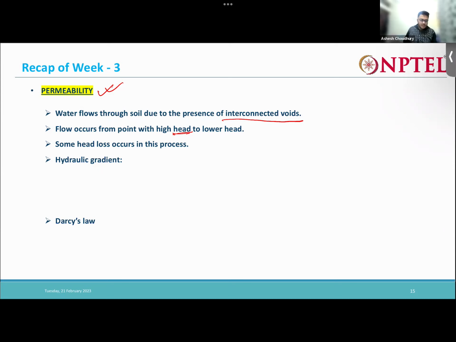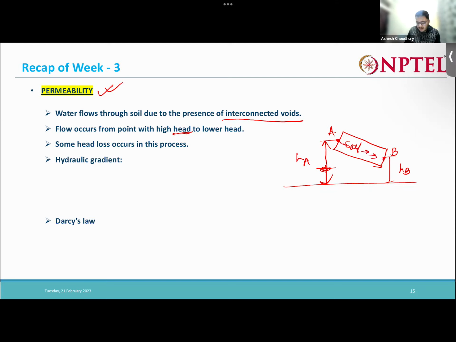Say this is a soil mass. This is my datum. This is my point A, where the head is HA, and the head here is HB. Water flows from this point to this point, and in this process there is some head loss. At this point the head is higher, and at this point it is lower, so the water will flow.